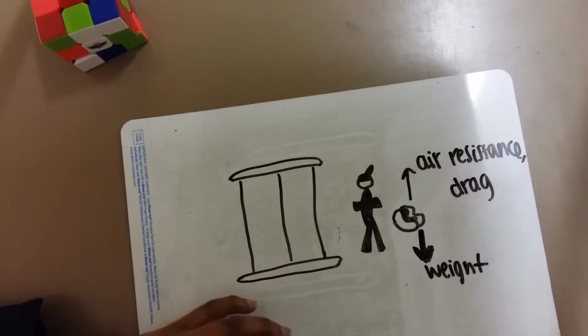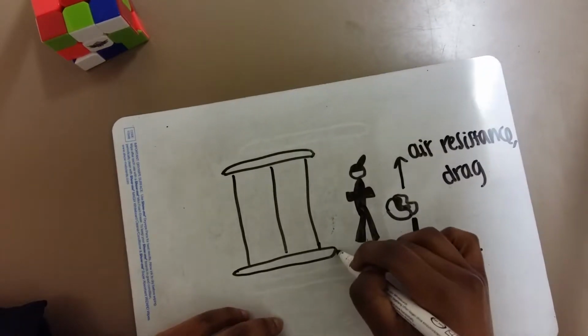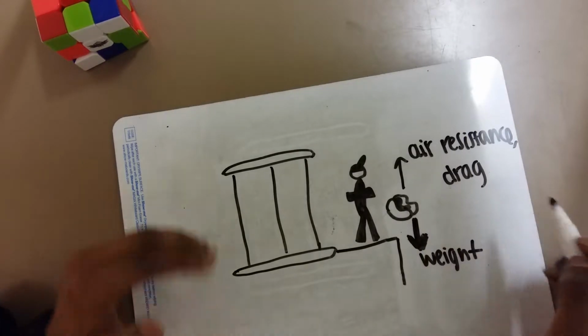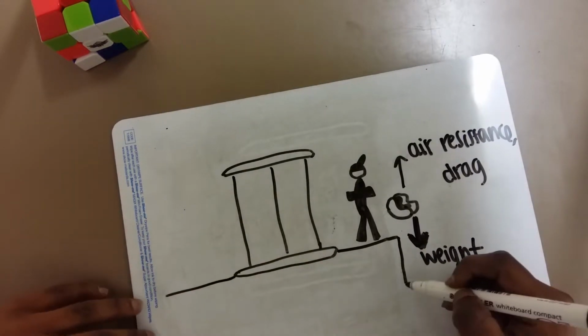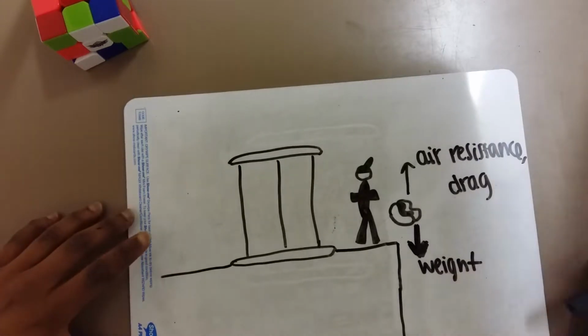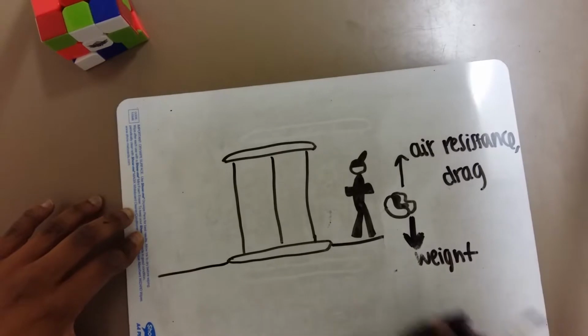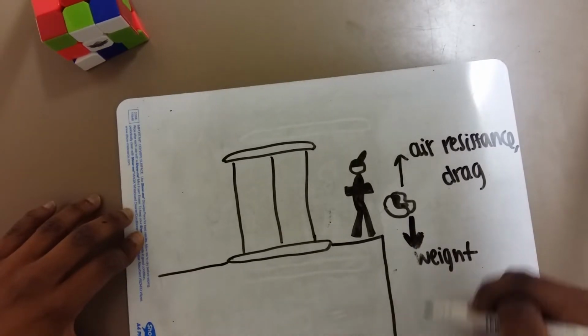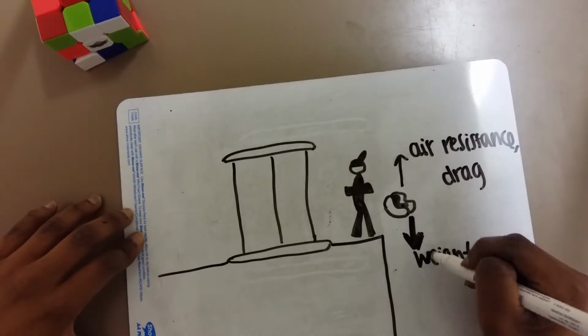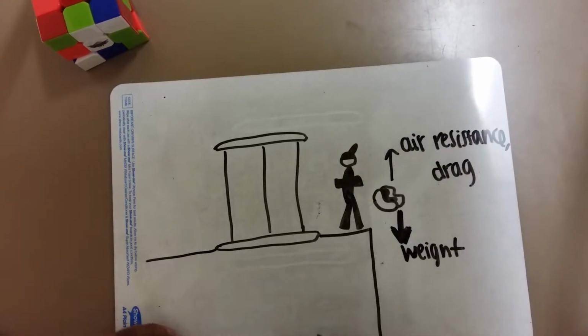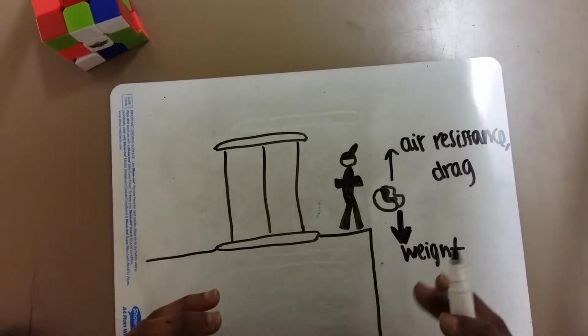Now, let's say the hot dog was falling a large distance. Let's say that the anti-gravity chamber was on a cliff, and the hot dog is falling down this cliff. How would the hot dog fall?